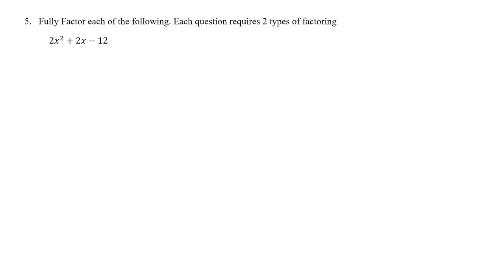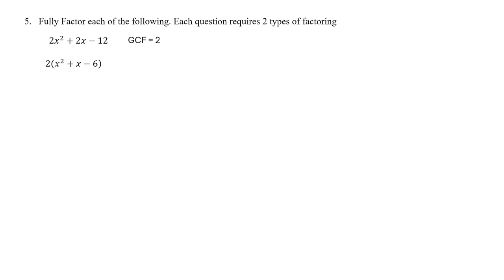So, what is the greatest common factor of 2x squared plus 2x minus 12? Well, the greatest common factor is 2. So we'll write that 2 outside our brackets, and by greatest common factor we'll get 2 times (x squared plus x minus 6).